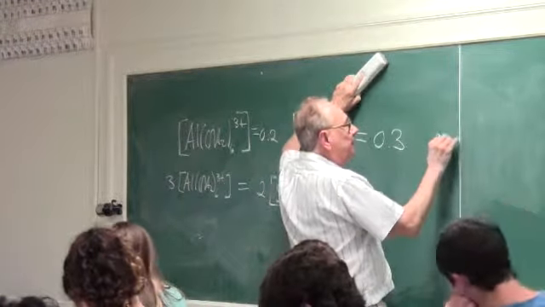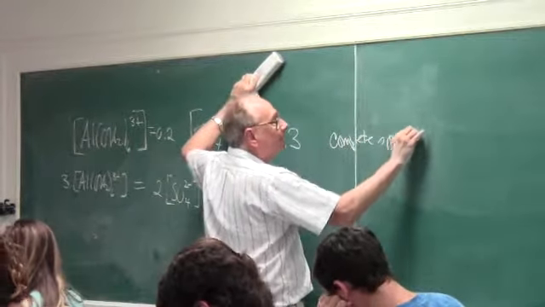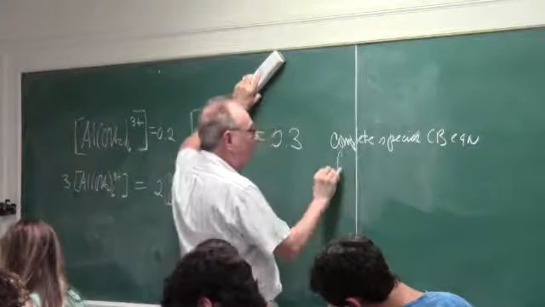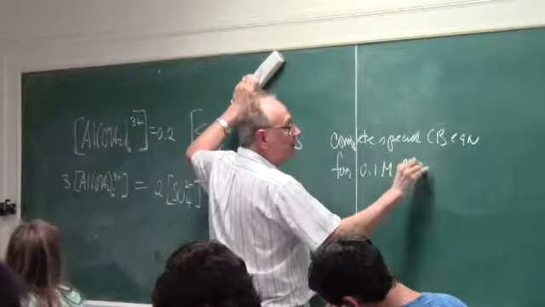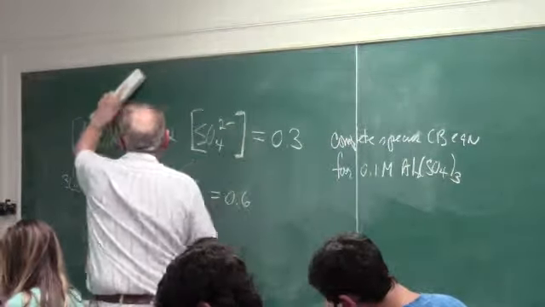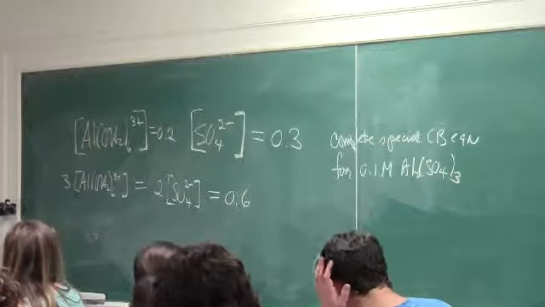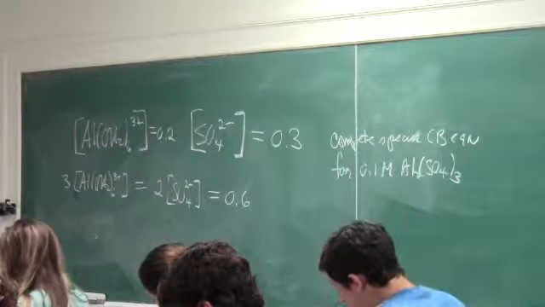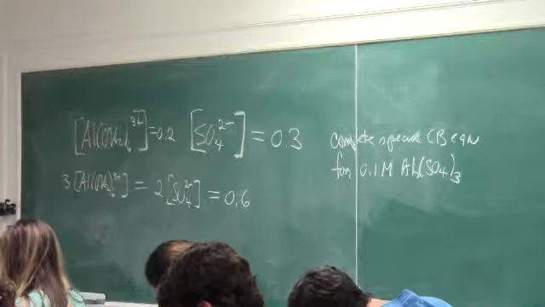We want complete species CB equation for 0.1 molar aluminum sulfate solution. That means, based on your knowledge of chemistry, you have to write the correct formulas for all the positive ions in this thing, not just hydrate aluminum ion, and for all the negative ions, not just sulfate ion.